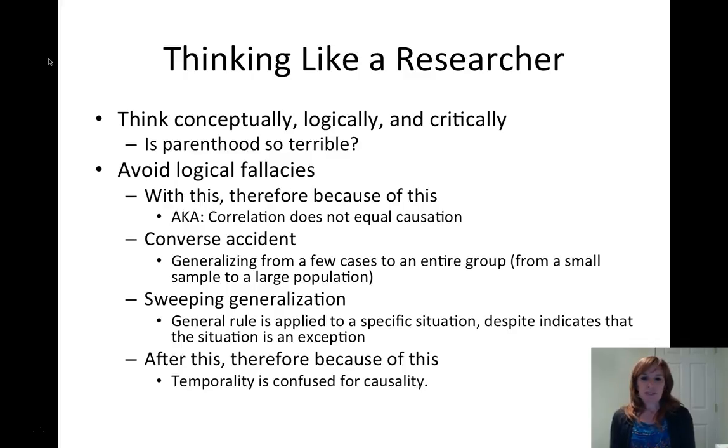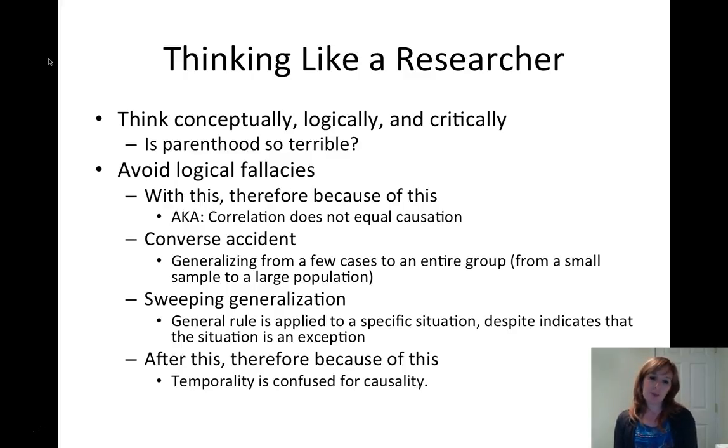Making sweeping generalizations. So when we apply a general rule to a specific situation, despite some sort of indication that the situation is an exception to that rule or that there should be an exception made to that rule. And then finally, your book talks about the "after this, therefore because of this." So things that pair together in time, one thing comes before another thing. And so that's sometimes confused for causation.